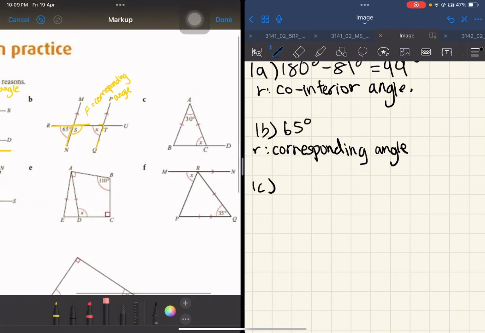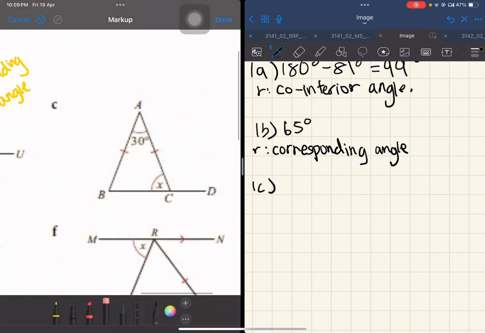Moving on, question 1c. As you can see, this is an isosceles triangle. And we know that the sum of the interior angles of a triangle is always equal to 180. As this is an isosceles triangle, the angles on both sides will be the same.